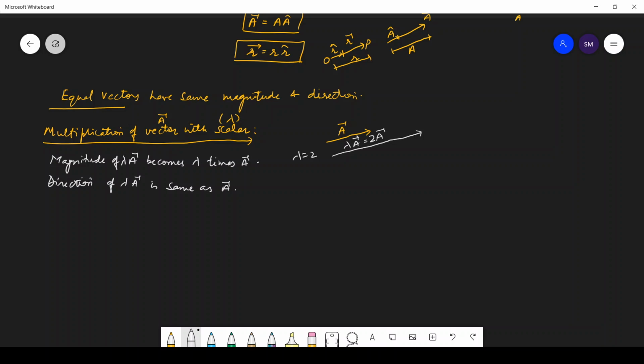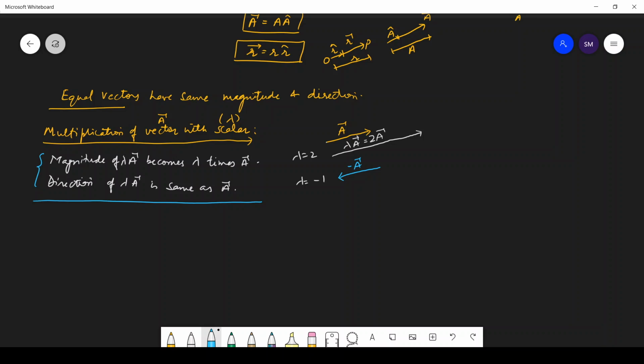Okay. Now suppose lambda is equal to minus 1. So this is A, and this is opposite to it. This vector has the same length as A, and this is minus A. So multiplying with a minus sign changes the direction.